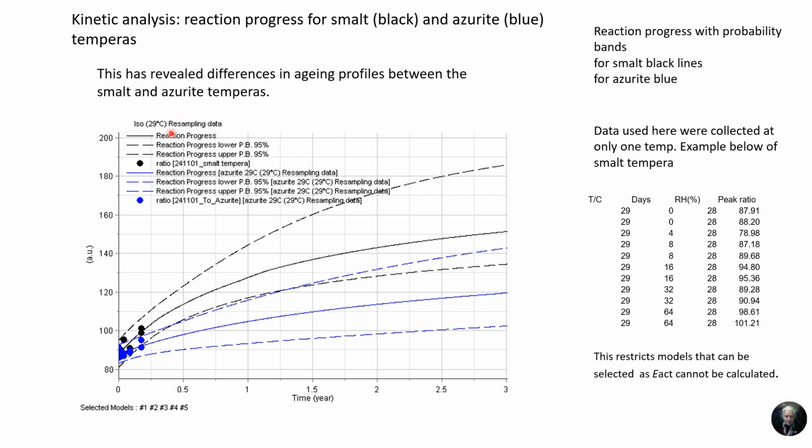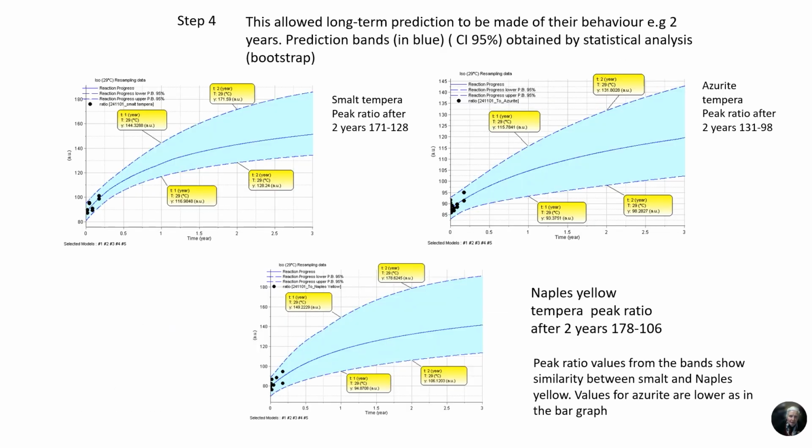However, I could obtain some information, and basically we have a plot here of reaction progress with time, and it showed differences in aging profiles between smalt and azurite temperas, which I had seen already from the plot of the peak ratios.